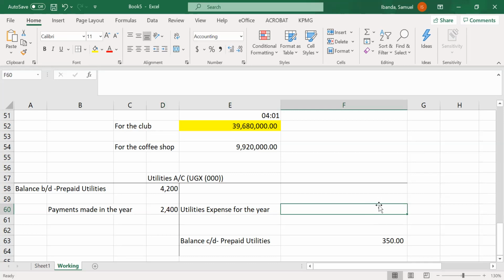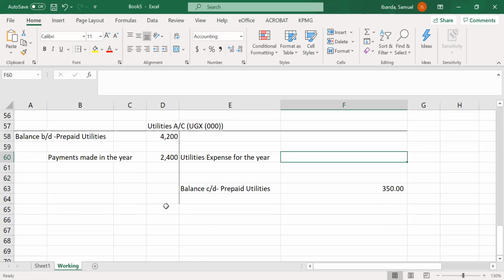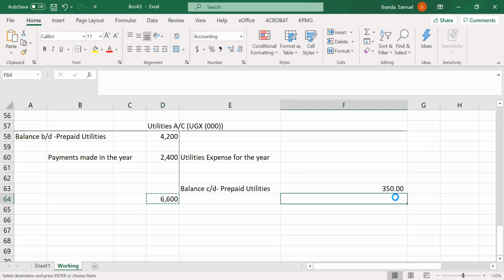Now, this is what I'm looking for, and that's why I've drawn up this account. This one is not yet given to me. So after I've recorded everything to do with the utilities, I'll just add my two balances, this side and this side. So this side should actually be 6,600.